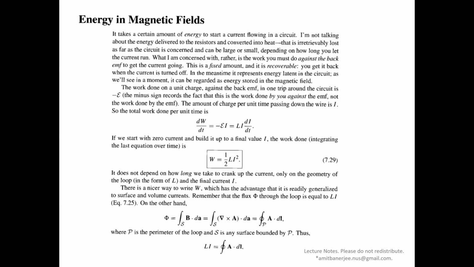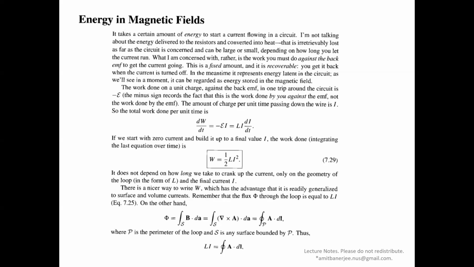The work done on a unit charge against the back EMF in one trip around the circuit is this, which is basically the negative of the EMF. The minus sign records the fact that the work done by you is against the EMF, not work done by the EMF. Now the amount of charge per unit time passing around the wire is I, so the total work done per unit time, W dot, will be this, which is L I dI by dt.